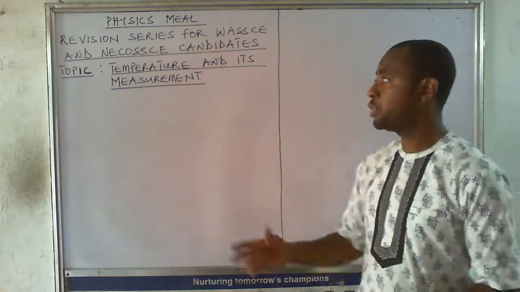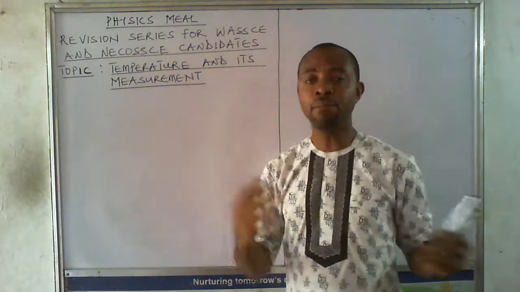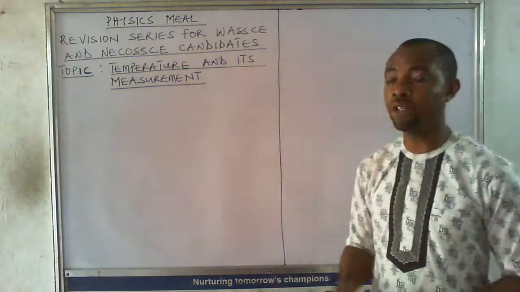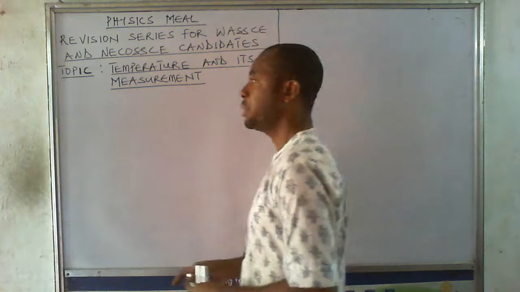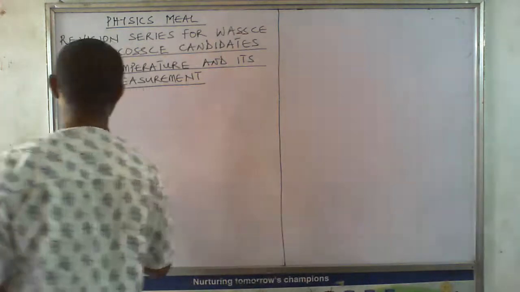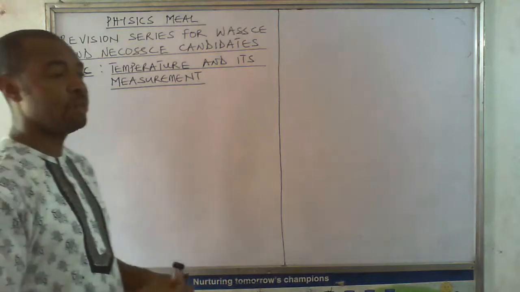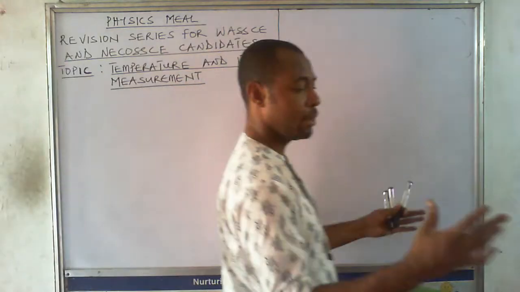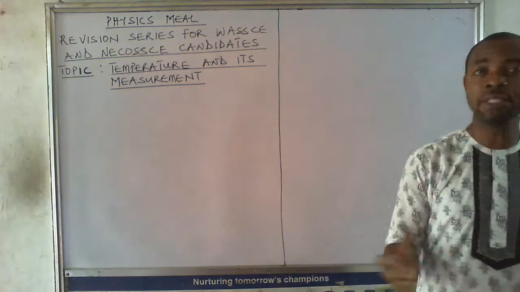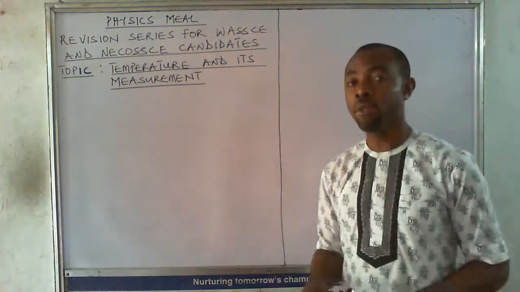So quickly we are going to start analyzing some important things that students need to know as far as temperature and its measurement are concerned. So let's begin. First, we need to know the meaning of temperature and maybe other basic terms or basic concepts that are associated with temperature.